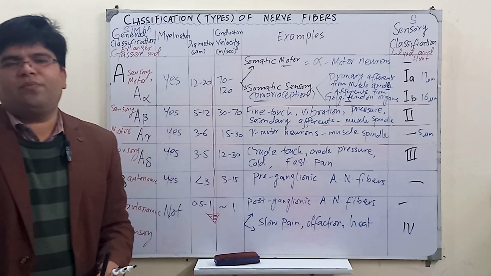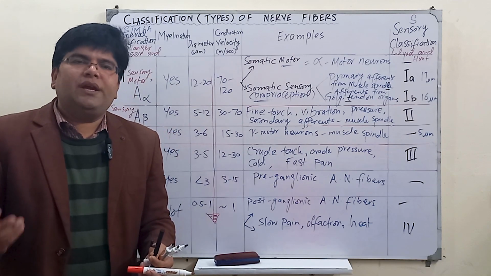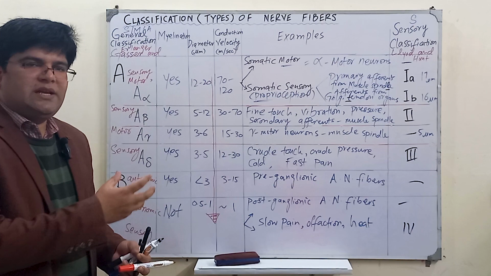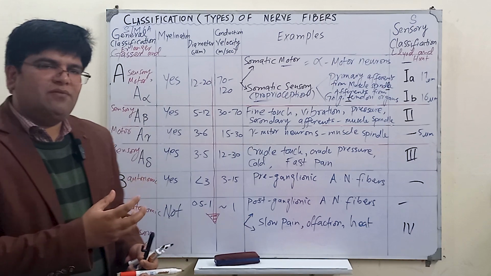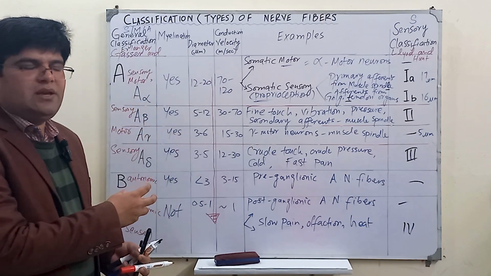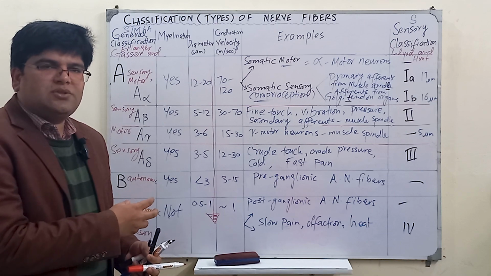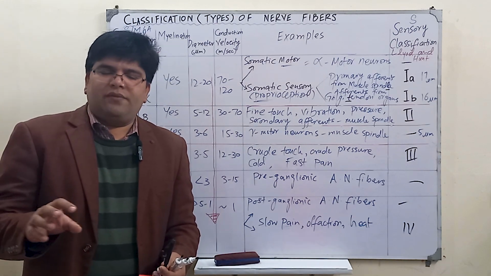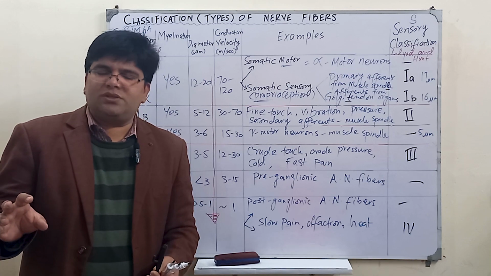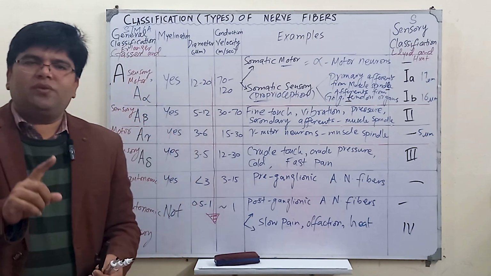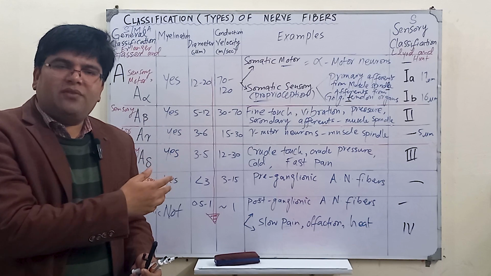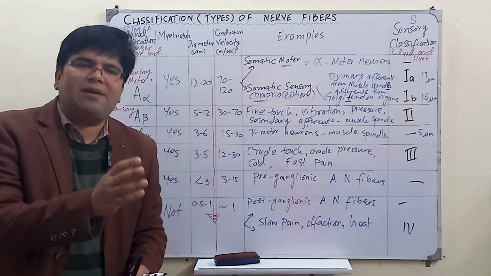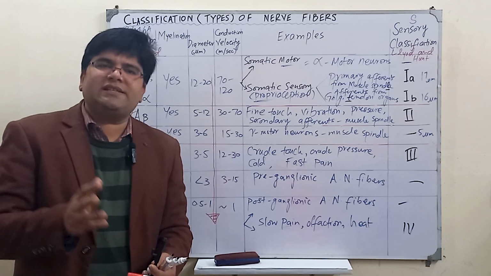So dear students, I hope I have made this topic very interesting and very simple for you. So with all the mnemonics and easy examples which I have given, it must have become very easy for you to memorize this topic. This is a very important topic, and when you will be studying sensory and motor physiology at several places, you will come across different types of nerve fibers, and these nerve fibers are usually confusing because you are confused with their diameters, their velocities, their functions, their examples.